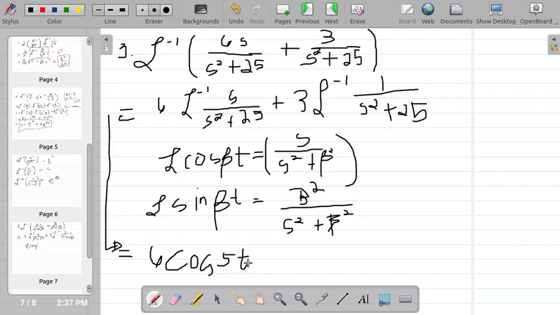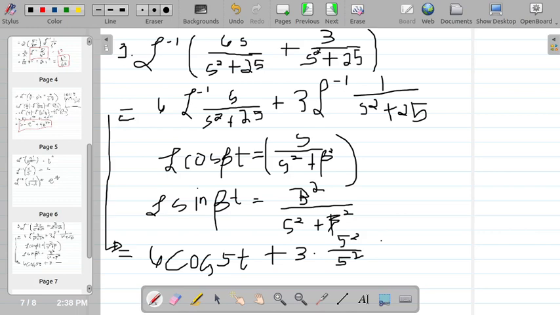Then next is plus 3. In this case, beta is also 5, so we can multiply this by 5 squared, which is beta squared, over 5 squared, and 5 squared over 5 squared is just equal to 1.